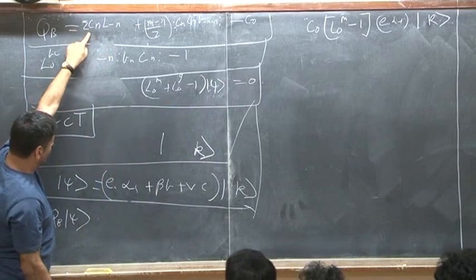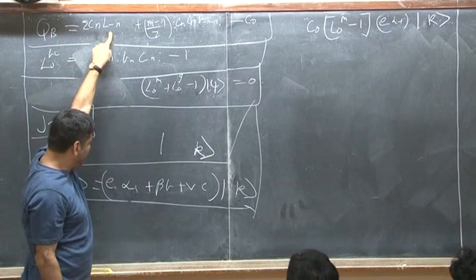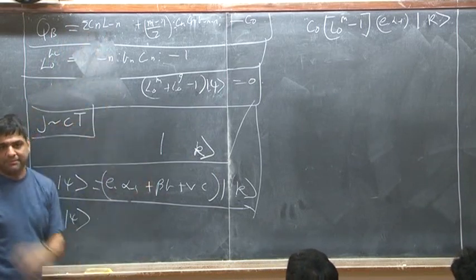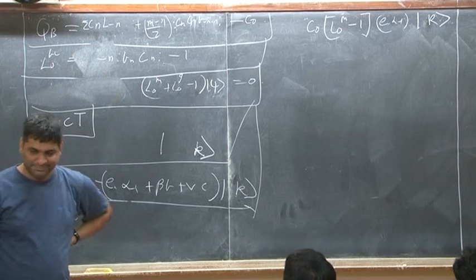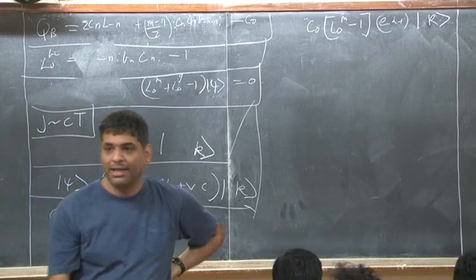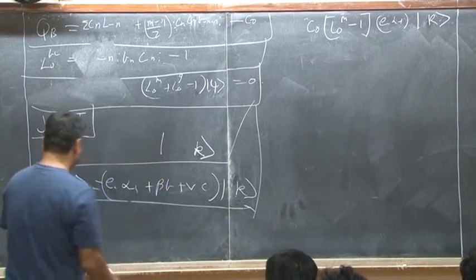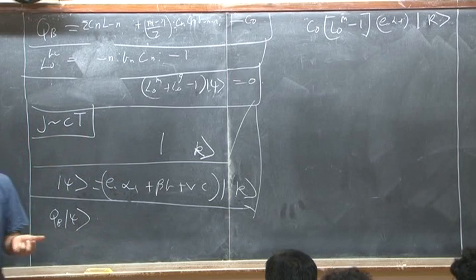But then there was also a term that was L plus 1 times C minus 1. What do you get when you act with L plus 1 and C minus 1? The L plus 1 has a piece that is alpha 0, alpha 1.